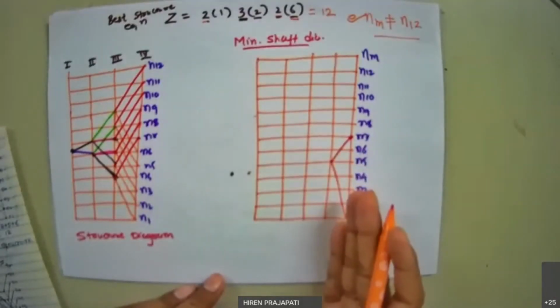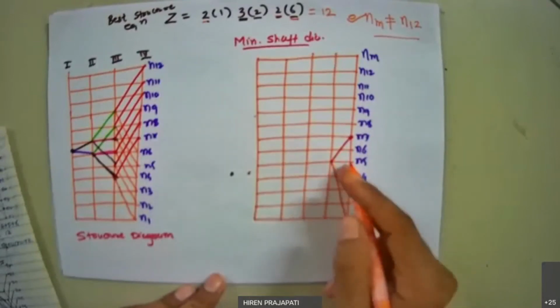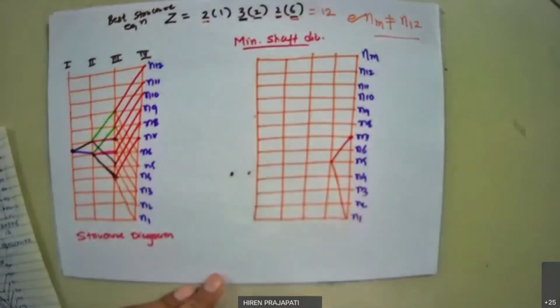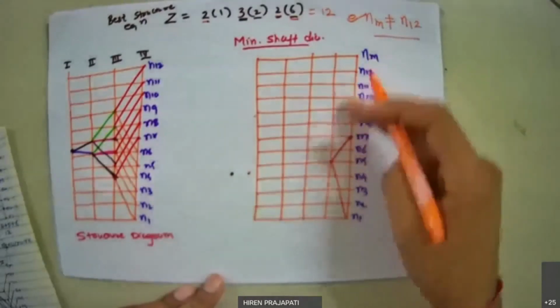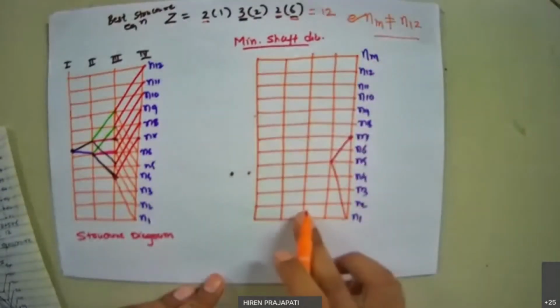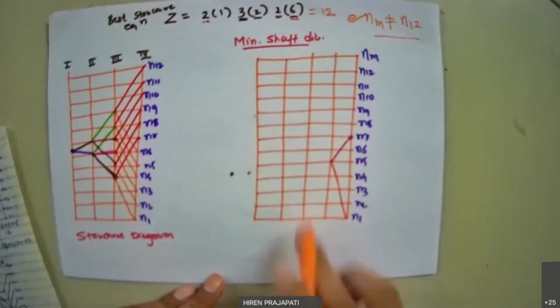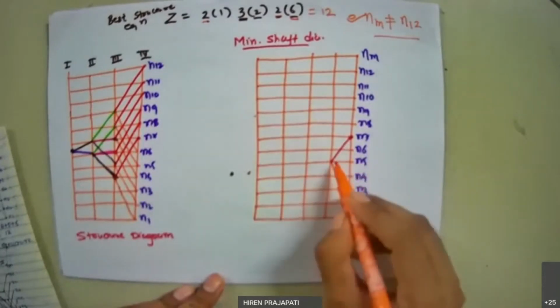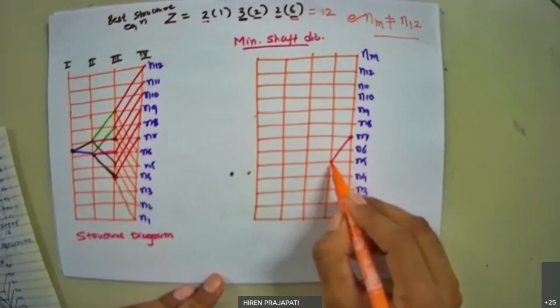So we have drawn one ray. Now we are moving in the backward direction, in this direction. We'll complete the remaining nodes later. Now we are moving to the previous stage, which is stage 2. Again, we want to follow minimum shaft diameter.